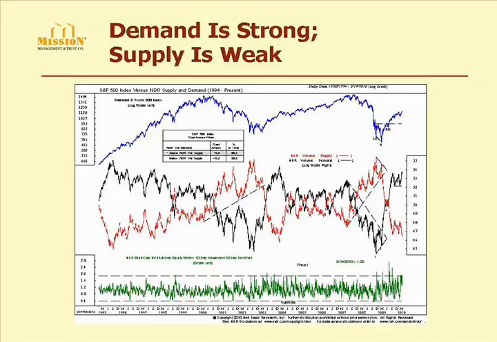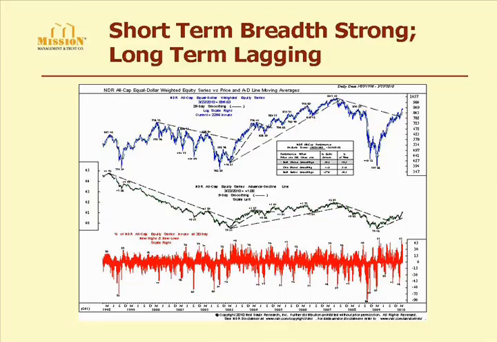That's where the experience and the discerning eye come in to help make that decision. And nobody makes it right all the time. So you try to keep your percentage of errors low, and you try to keep the consequences of your errors even lower. In any case, demand is strong, supply is weak. Turn over, if you would, to the next page.